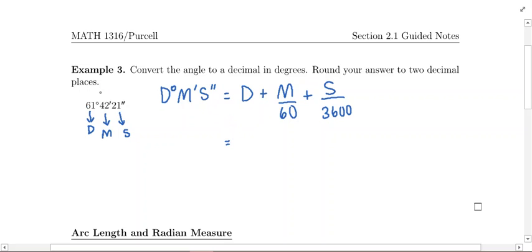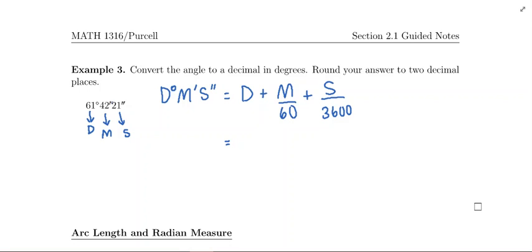Just in reading this before we actually calculate it, you should notice that it's going to be 61 point something, because it begins with 61 degrees followed by the minutes and the seconds. Remember, the minutes and the seconds are the fractional part of another degree. So we're expecting the answer to look like 61 point something.